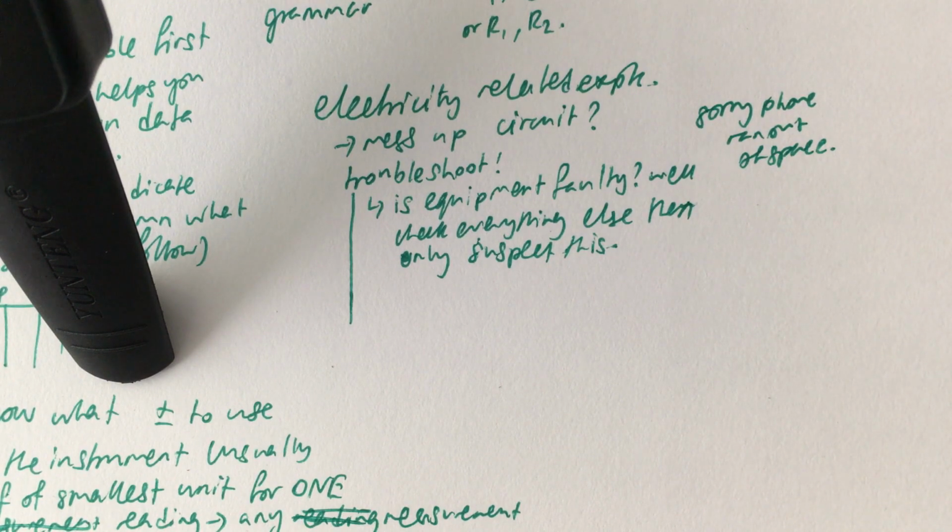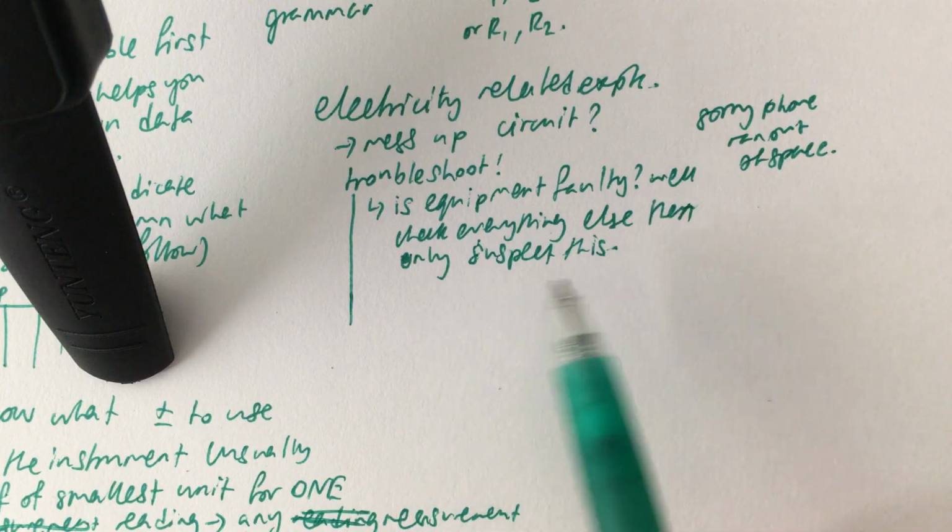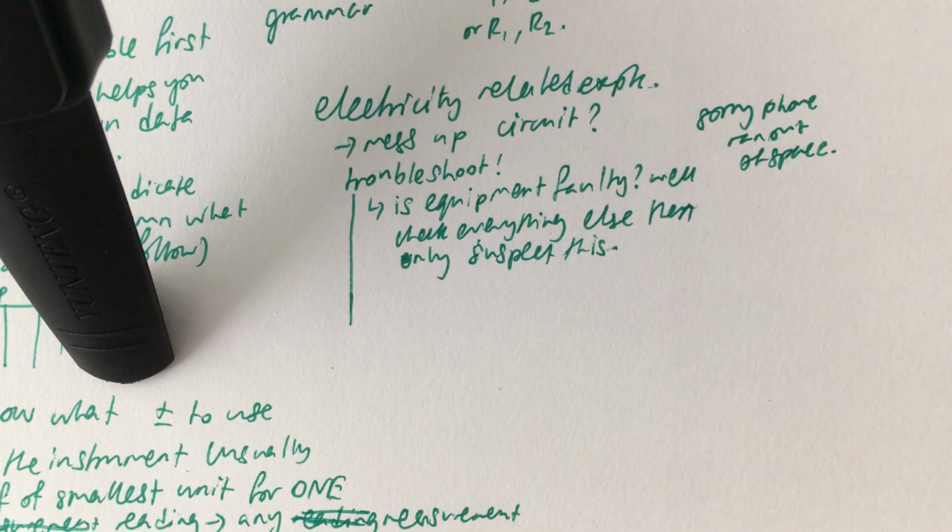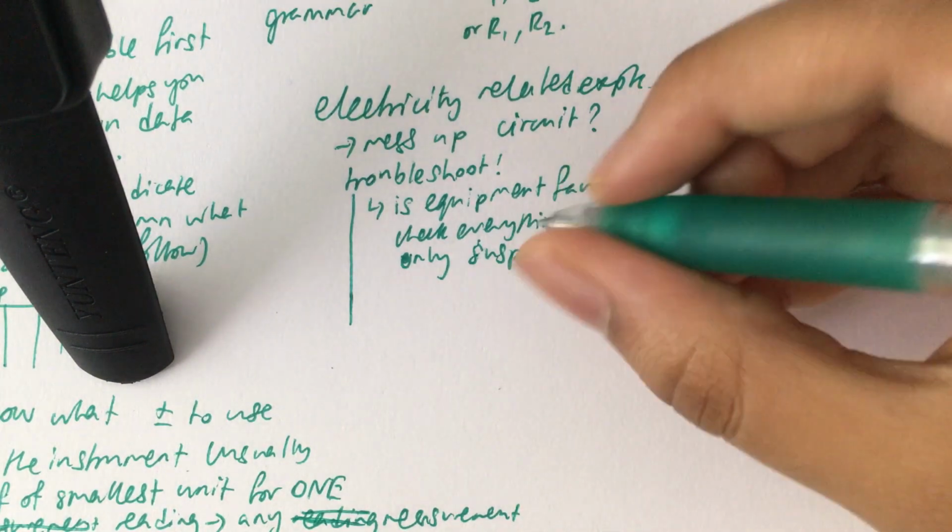If that is the reason the circuit is not working, you can call the invigilator to help you, and you will not be penalized for that. But if it's your own fault, then I don't know what will happen. You probably won't fail the practical, but the invigilator will take note of it.